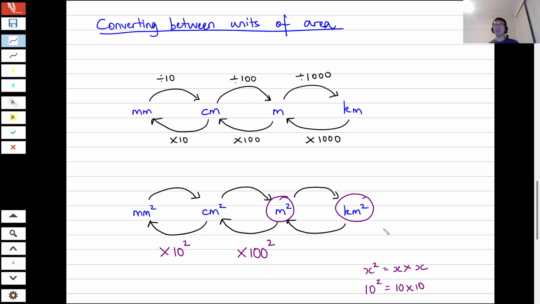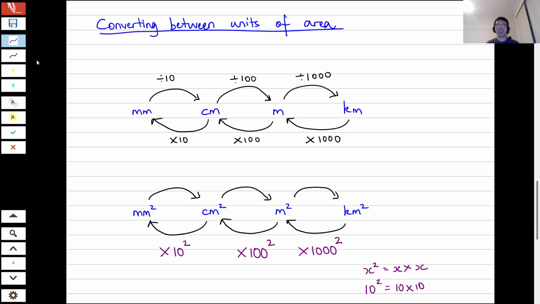Well, this time I'd have a really, really large square, 1 square kilometer, and I would have 1,000 meters on each side. So if I treat the square meter as the small square, I would have 1,000 squares per row, and I would have 1,000 rows. So the number of tiny squares would be 1,000 times 1,000, or 1,000 squared.